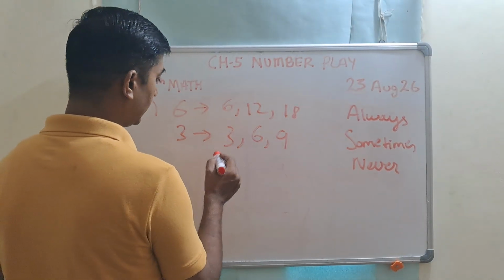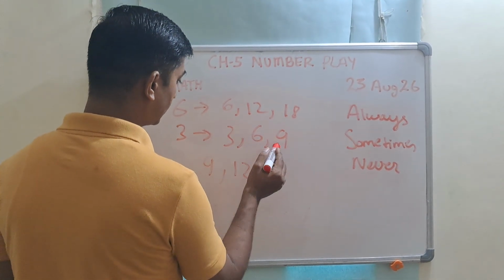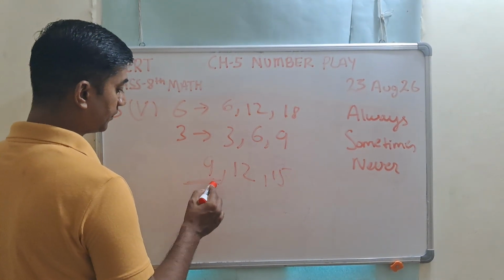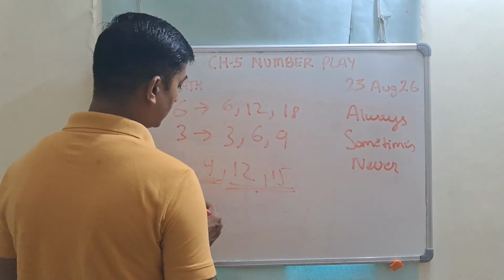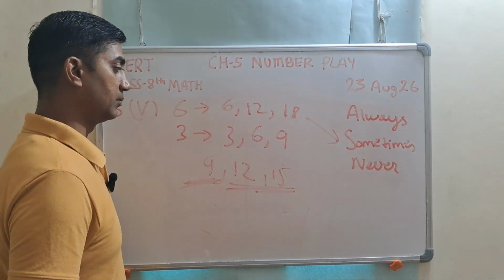Now 6 plus 3 is 9, 6 plus 6 is 12, 6 plus 9 is 15. We can see that one is a multiple of 9, but these numbers are not multiples of 9. So this is the case of sometimes.